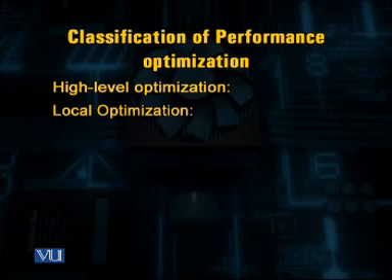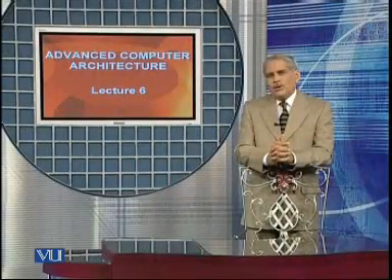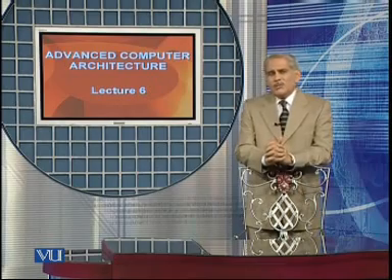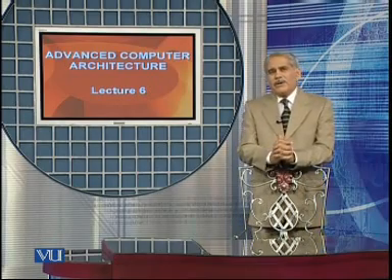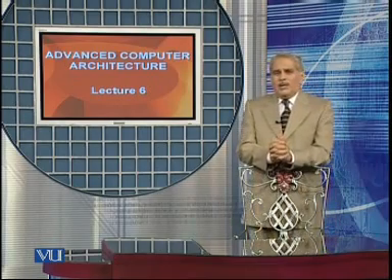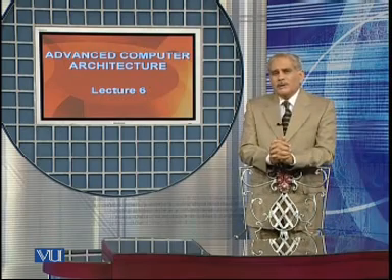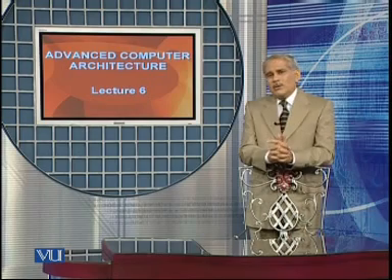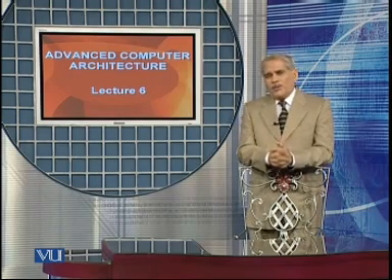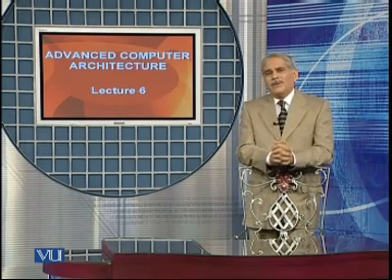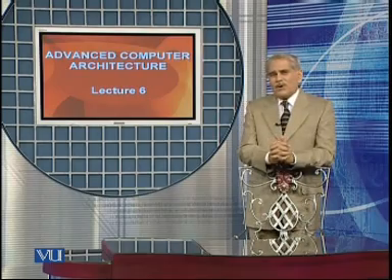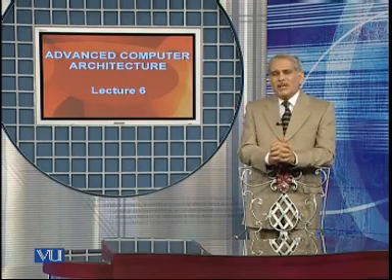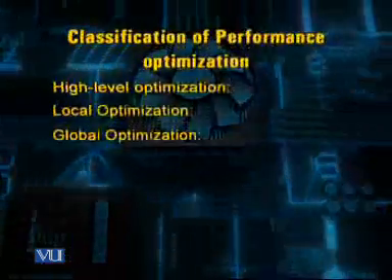The local optimization is done with a single line of code or a block. This actually means that if we are to compile a loop or a block, then the block compilation is to be optimized at its own level. So this is why this level of optimization is known as the local level optimization.